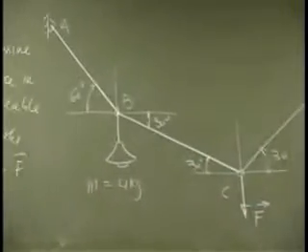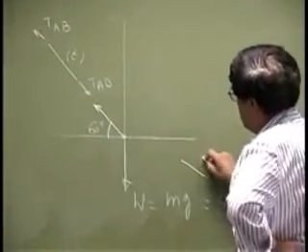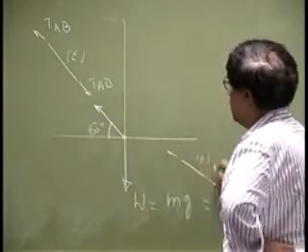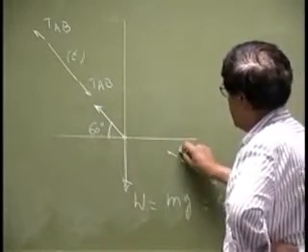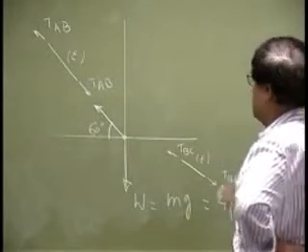Then we look at the cable BC. So on BC again, we will assume that to be in tension. So two end forces on that, let's call them TBC and TBC.